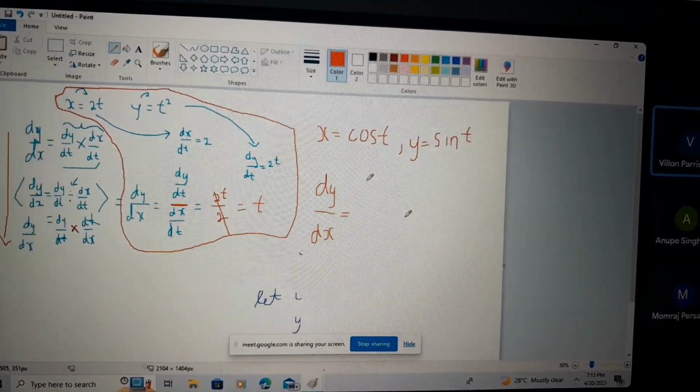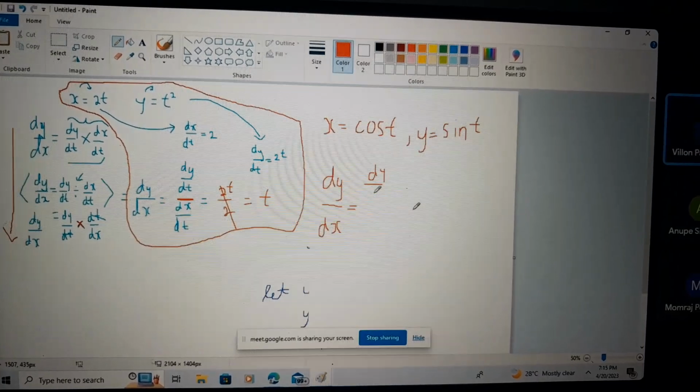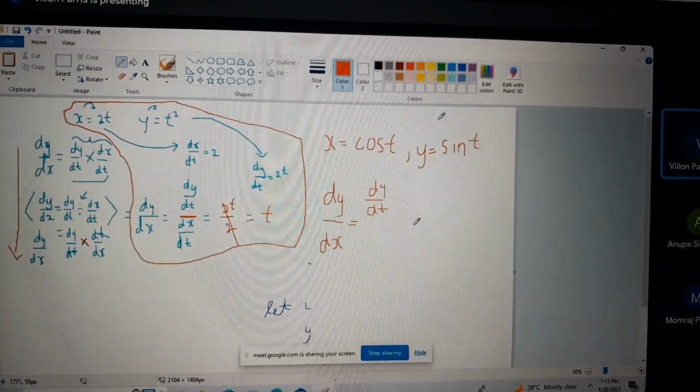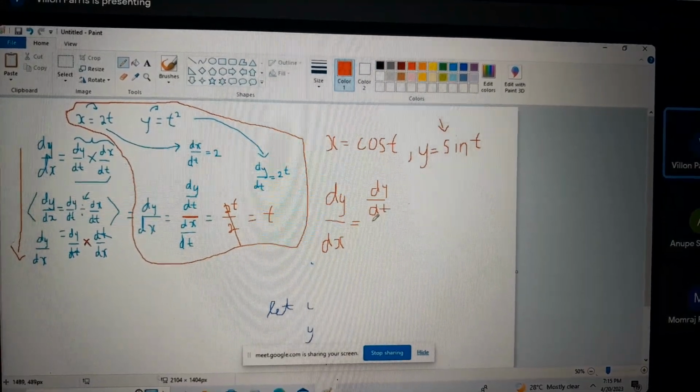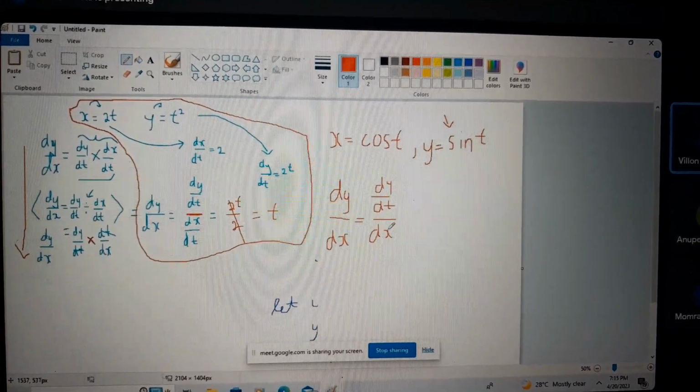It is dy/dt over dx/dt. So it means we have to differentiate this, and then we put that over dx/dt.